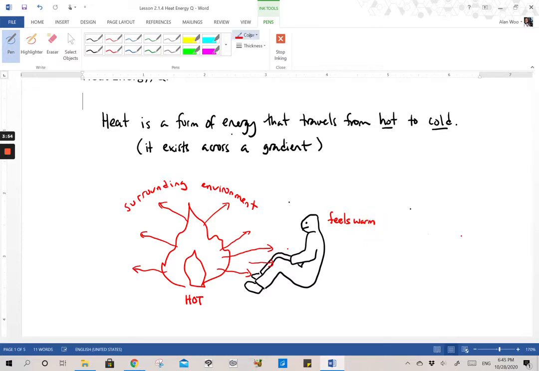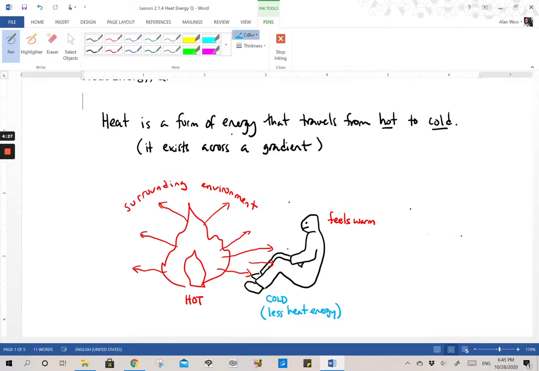But in order for this person to feel warm, he or she has to be cooler than the fire itself. So in a sense, this person is cold. So when you have less heat energy present in an object, okay, that object will naturally become warmer.